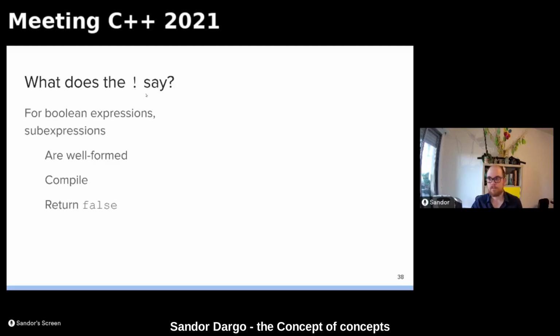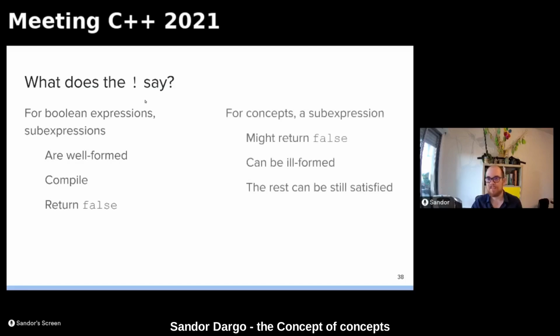And that's how you can use the negation. But for concepts, it's a bit different. You might expect a false, but a false doesn't necessarily mean that it's evaluated as a Boolean to false. It might be ill-formed code. And still, the rest of the concept might satisfy the whole expression.